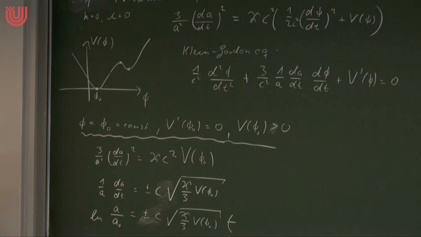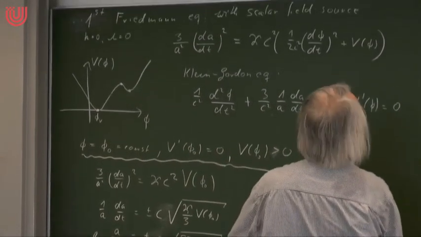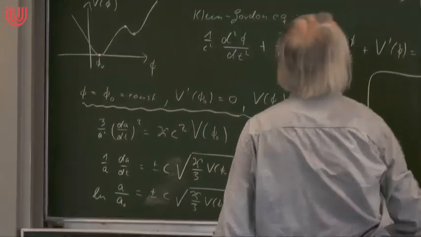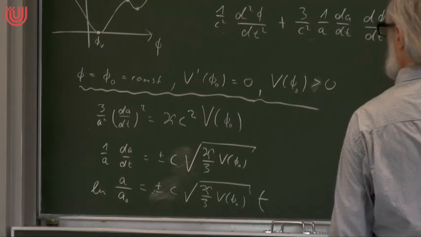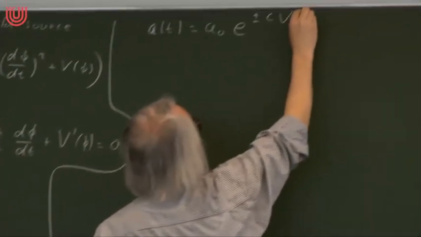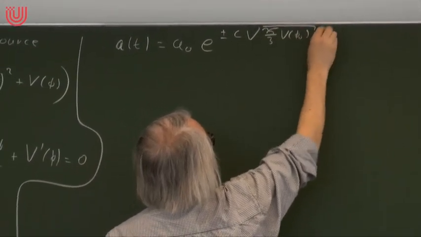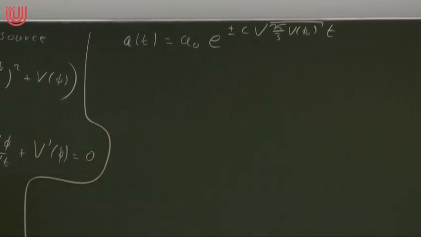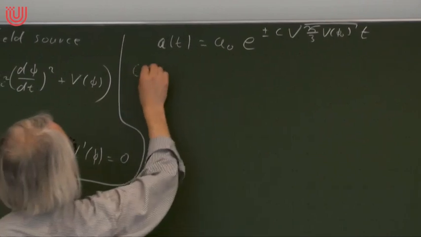That's the solution. We can solve for a. And then we see it's the effect of a cosmological constant. It's exponential growth. So we have a of t is a constant a naught, and now comes the exponential, plus minus c root kappa over 3 v of phi naught t. We are free to choose the integration constant as we like, and also the sign.